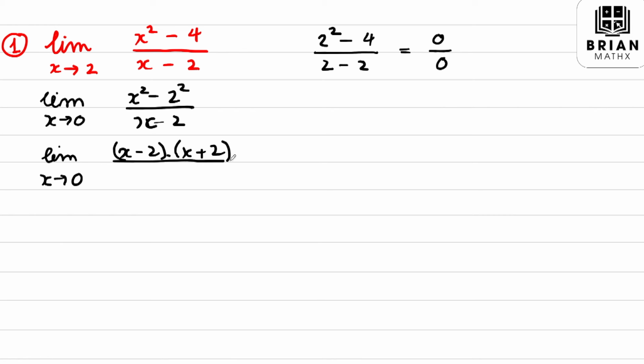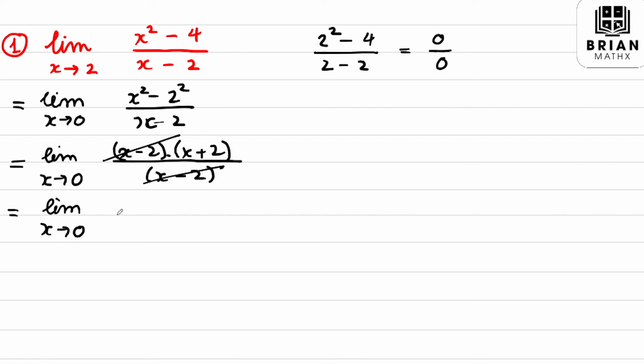In the denominator, I still have the bracket of x minus 2. So one by one, I have this factor. You can see the numerator has an x minus 2 factor and the denominator has an x minus 2 factor. So I can cancel them, and the limit becomes easier.